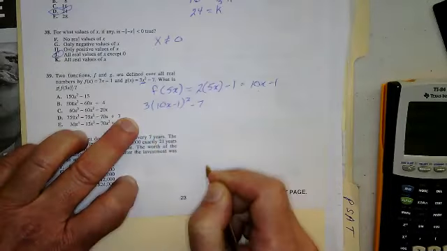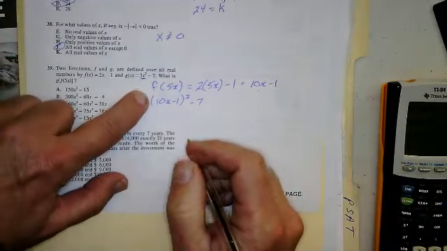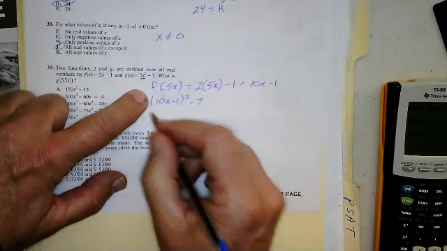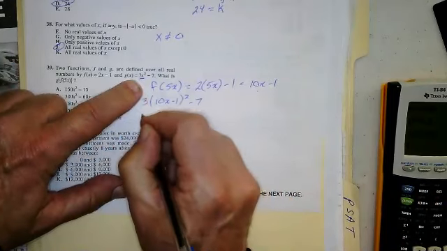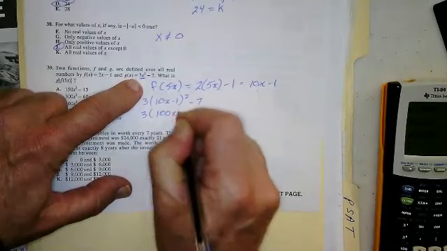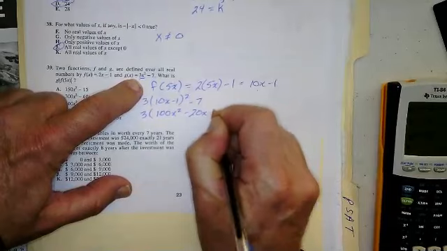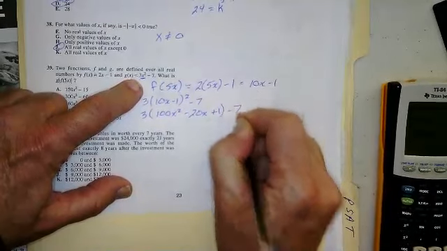minus 7. Okay, when we square this, it's FOIL. Don't distribute this yet. We've got to do this first. Exponents before we multiply. So this becomes 3 times (100x squared minus 20x plus 1) minus 7.